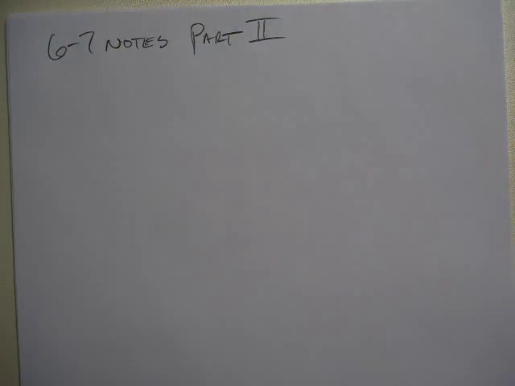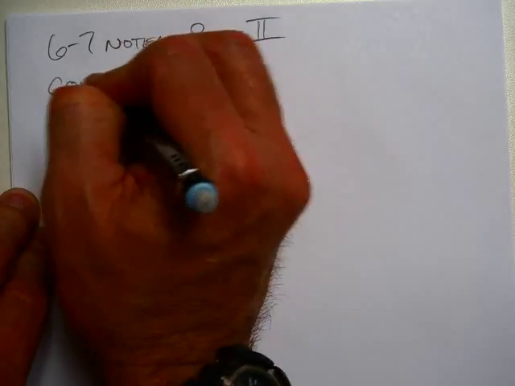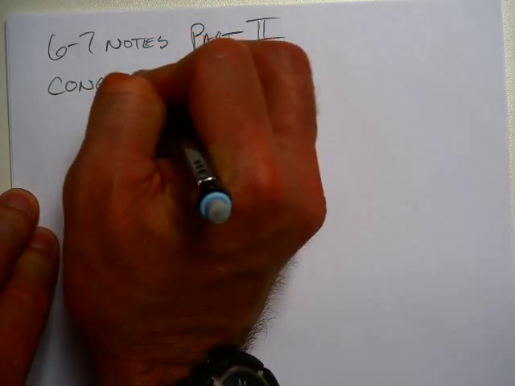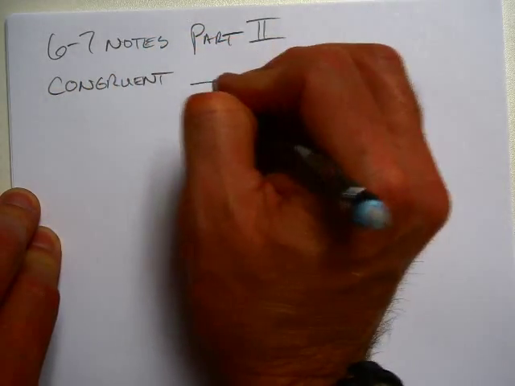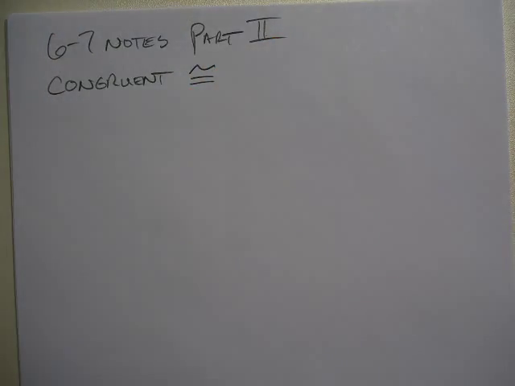Okay, 6-7 notes, part 2. There's two terms that I want you to be familiar with. Congruent is this symbol. It's an equal with a little squiggle on top.